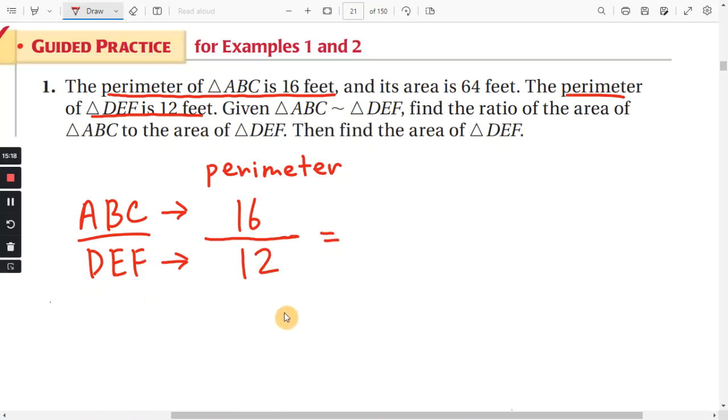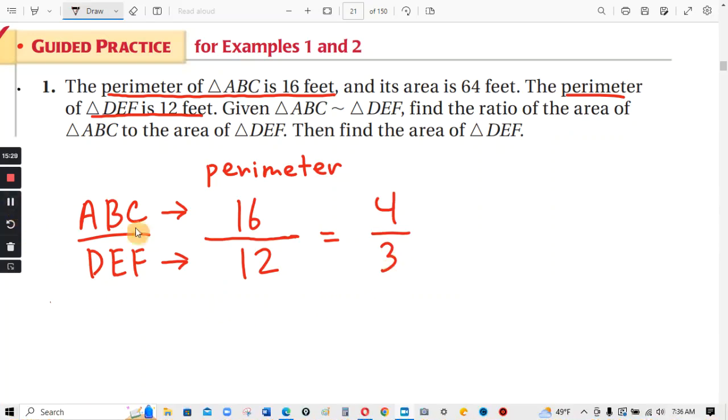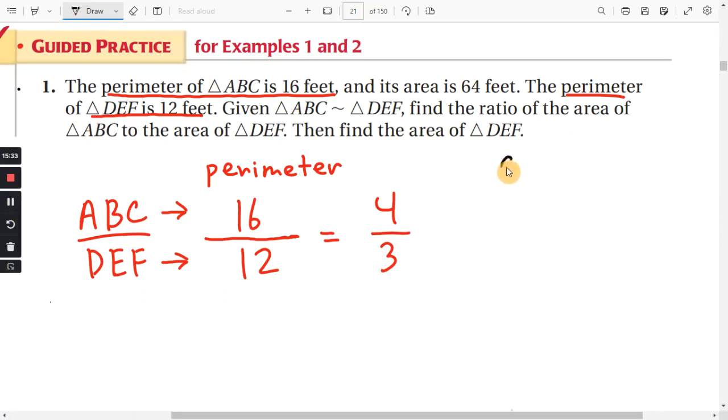You don't have to, but smaller numbers are generally better. 16 divided by 4 and 12 divided by 4. Now that's for the perimeter. If we wanted to do the ratio of the areas, we have to square it. So that's going to be 4 over 3 squared.